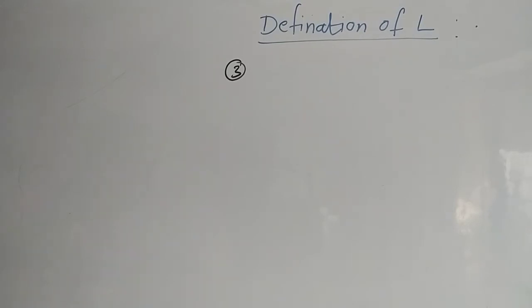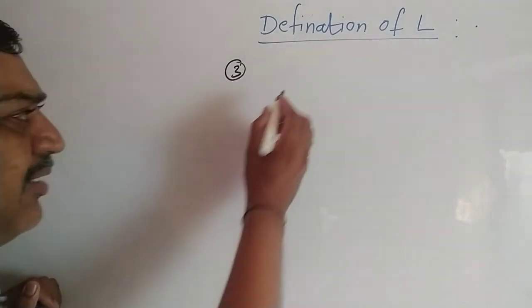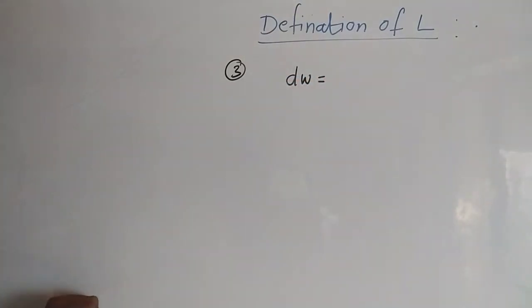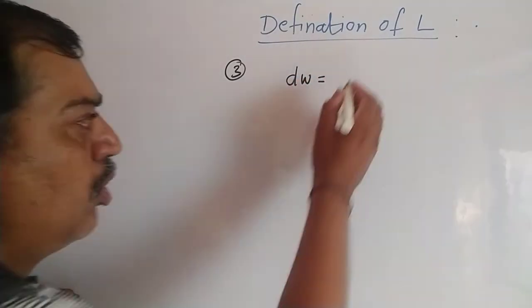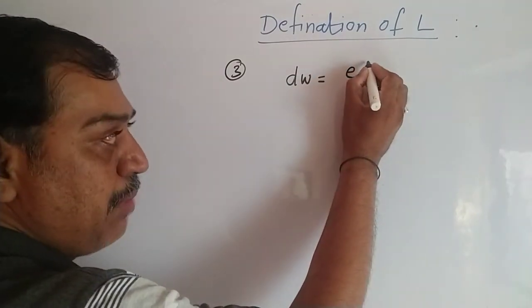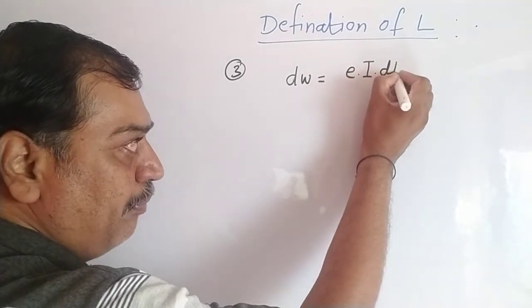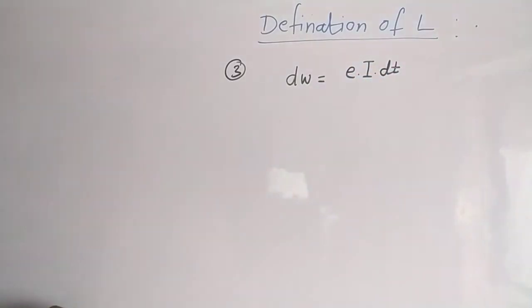The work done in a time dt can be written as dW, equal to the product of the induced EMF, the current flowing through the circuit, and the time. That gives the work done in the electrical circuit.